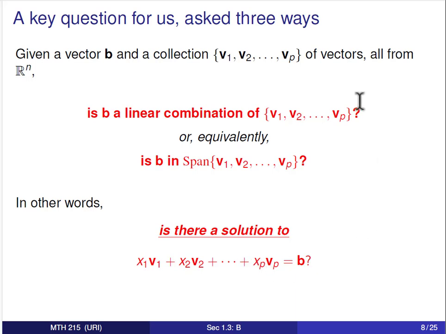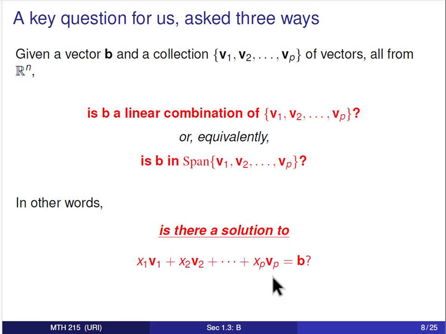Now, as you compare that to the first way of writing this question, you'll see that it's actually asking the same thing. What we have on the left is a linear combination. We're asking whether b can be written as a linear combination.